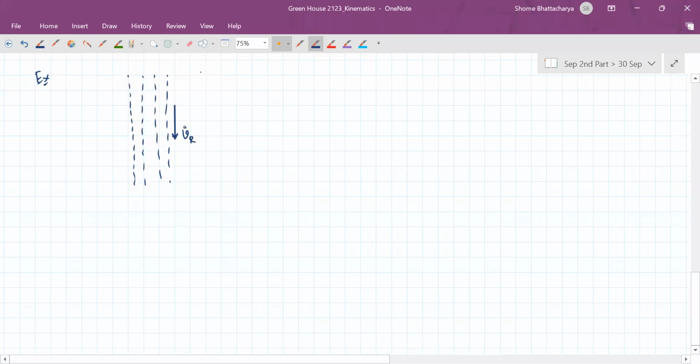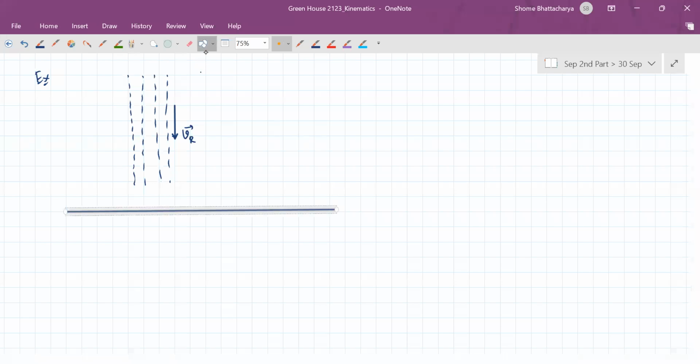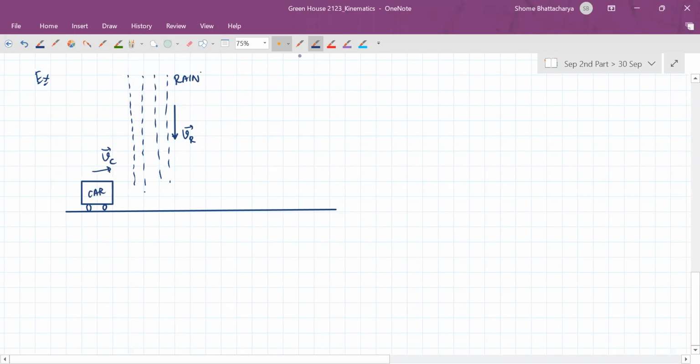Suppose it's like this, okay. But there is a vehicle that is moving horizontally at a velocity like this.